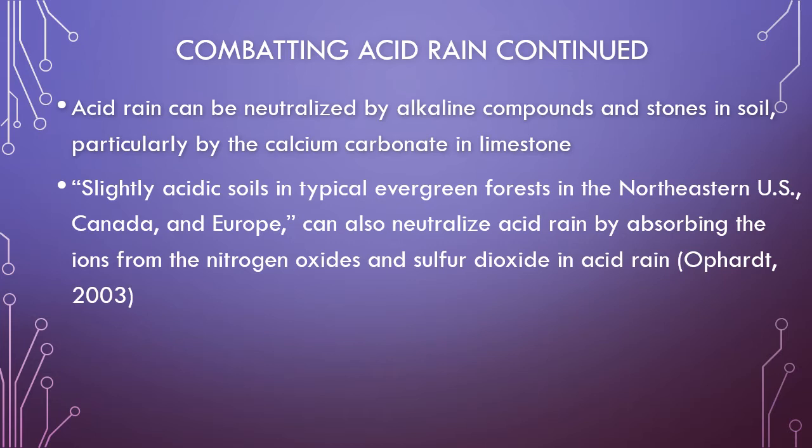The extent to which soils can neutralize acid rain depends on several other factors though, like the type of soil, whether the soil is frozen over or not, and how thick it is, and those sorts of things.